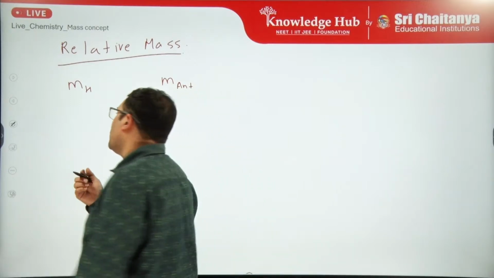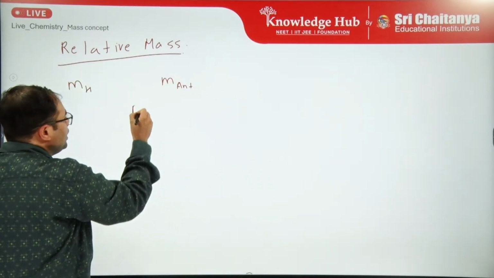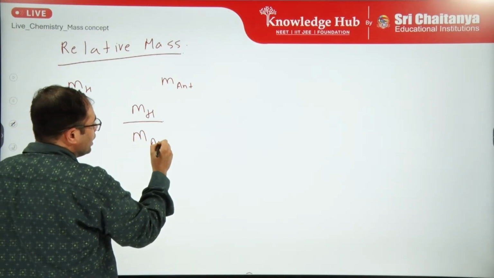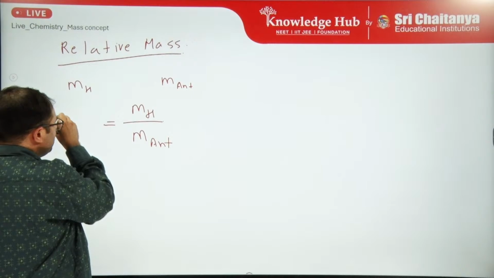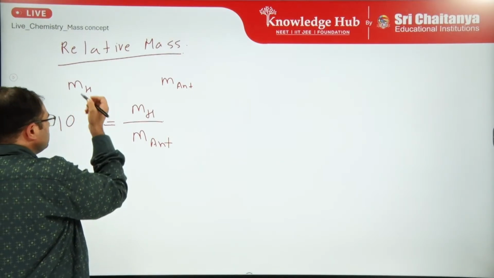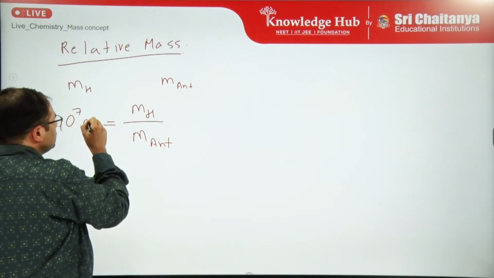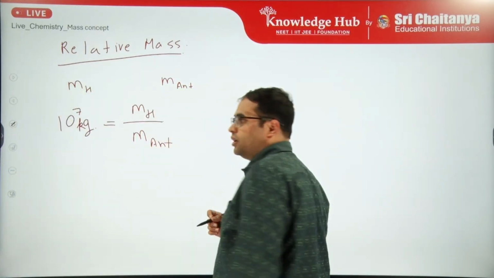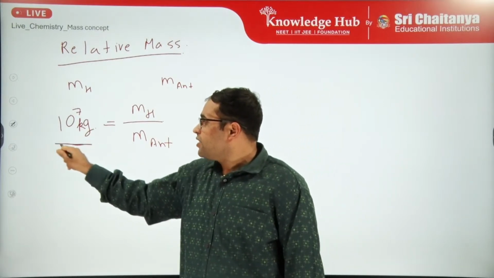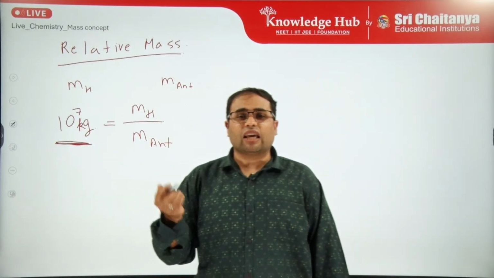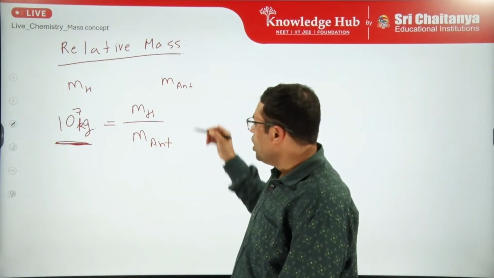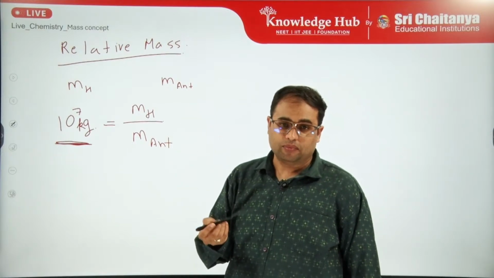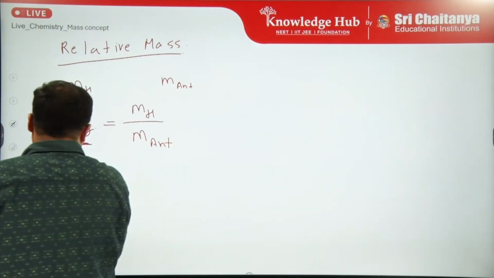Well, simply what you have to do is divide my mass by the mass of an ant and you will get some number, suppose, arbitrarily, 10 raised to power 7 kgs, right? So I am actually 10 raised to power 7 times heavier than the mass of an ant. So what you have done to make me understand is you have actually divided it, correct? So what is this number, right?